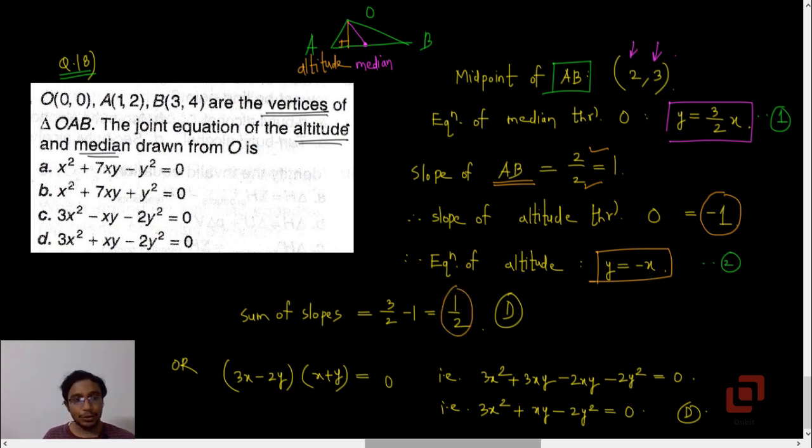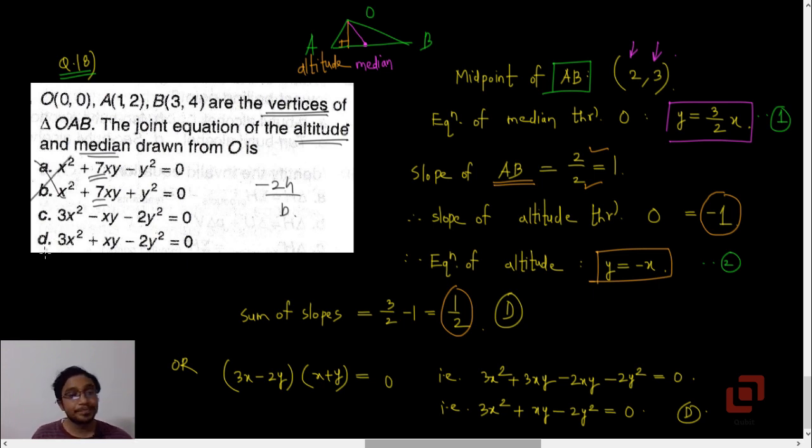And do you know the formula for the sum of the slopes from the joint equation? Yes, that is -2h upon b. If you go to option A, well, in fact for options A and B, h is 7, so it is highly unlikely that you will get 3 by 2 or 1 upon 2 there. So A and B are clearly ruled out.